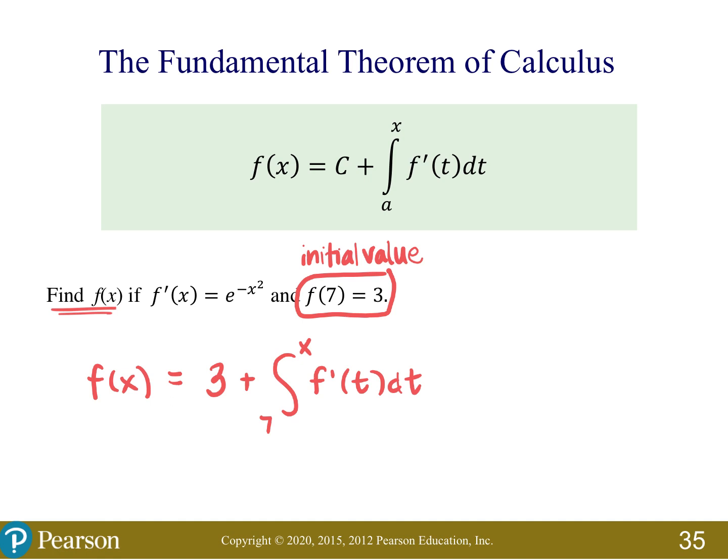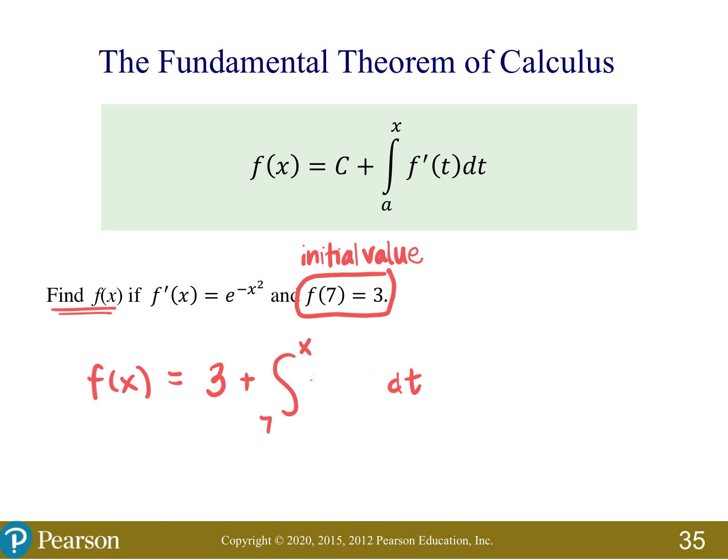It means you're told you're starting with an amount of 3 area, and then starting at the number 7, you're going to accumulate area after that, always moving to the right on a graph. So 3 is the quantity you start with, 7 is the position you start at, and you always move to the right.